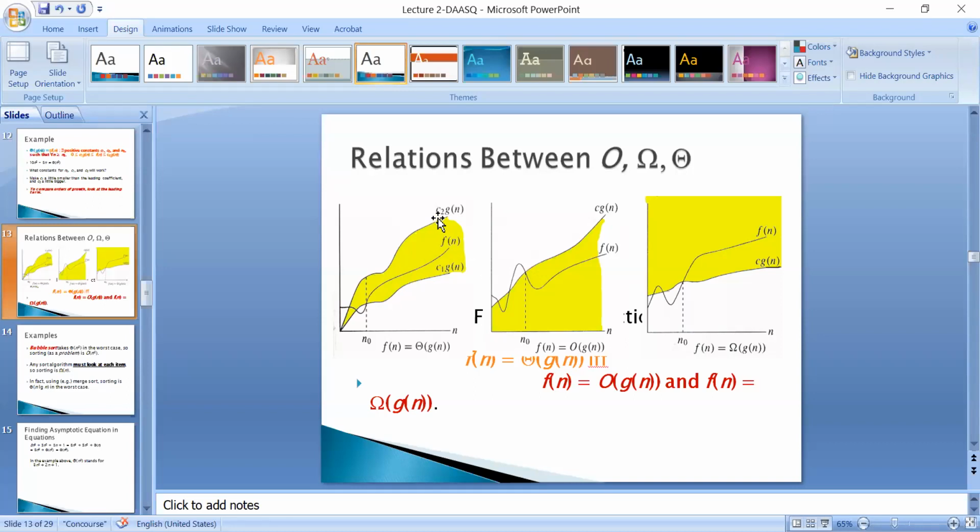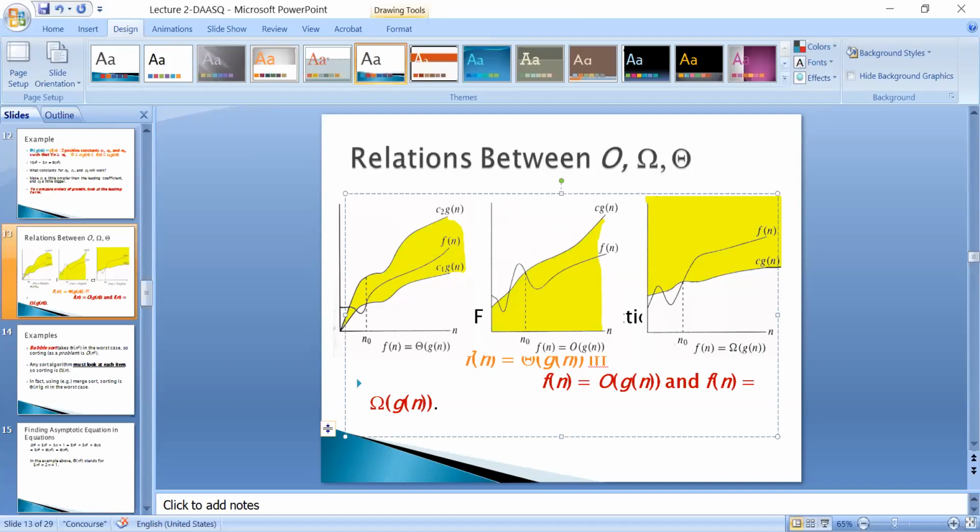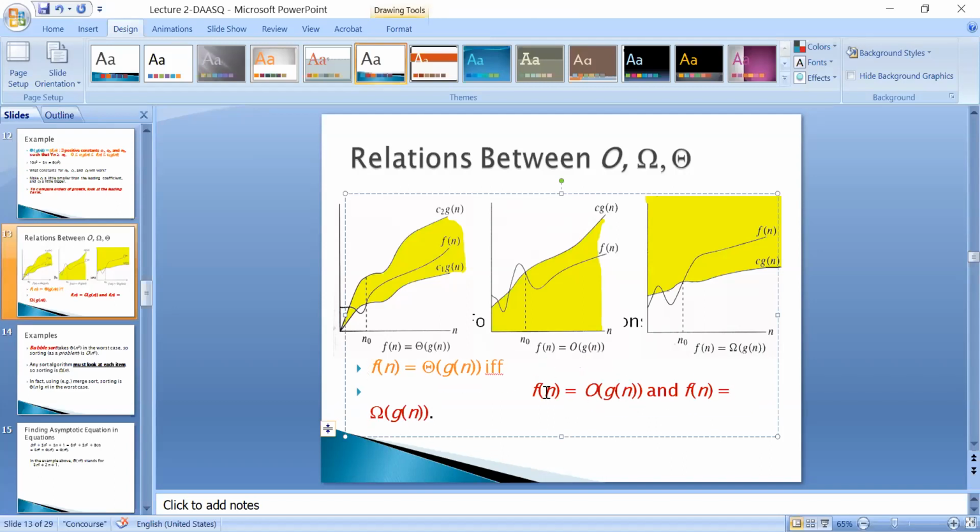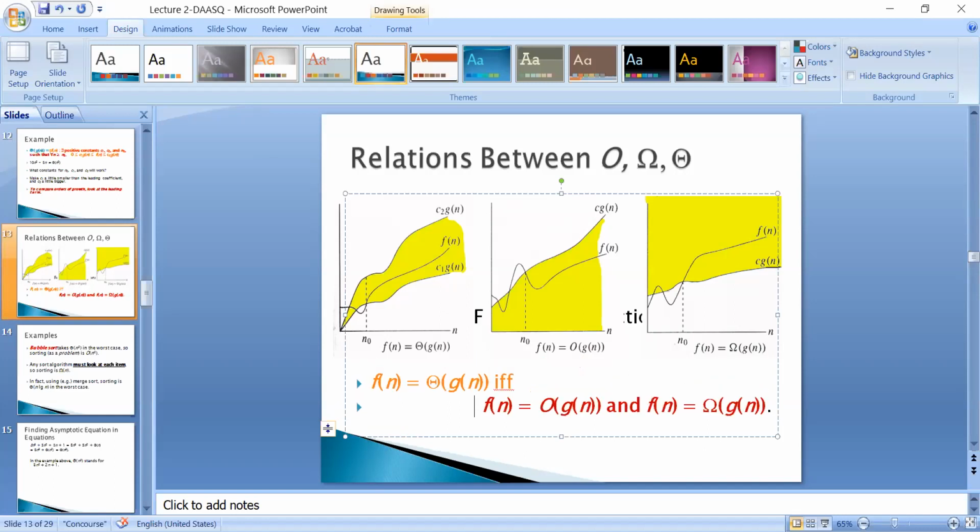If you look at only c1 gn and fn, fn is greater than c1 gn, so fn is omega of gn. And if you forget about the c1 gn, fn is O of gn. So when fn is O of gn and fn is omega of gn, you can say that fn is theta of gn. So it is equal to.